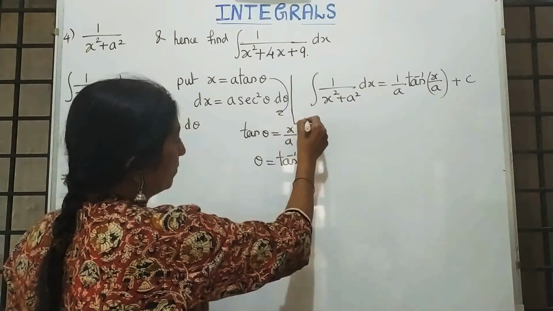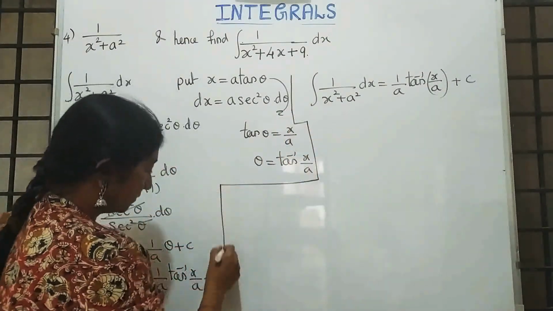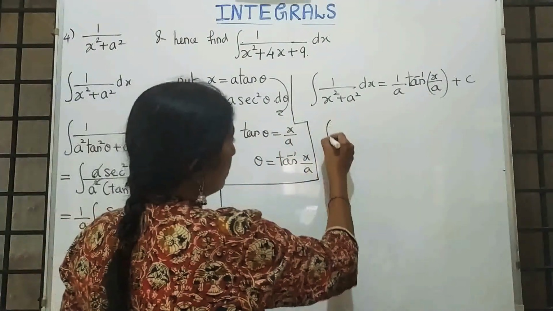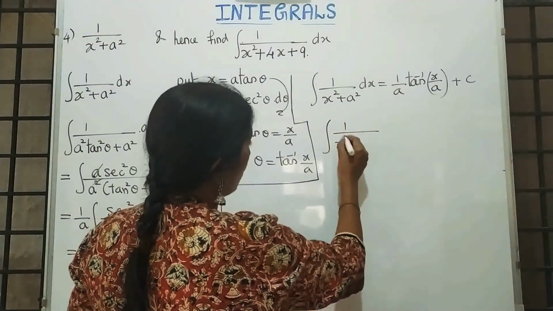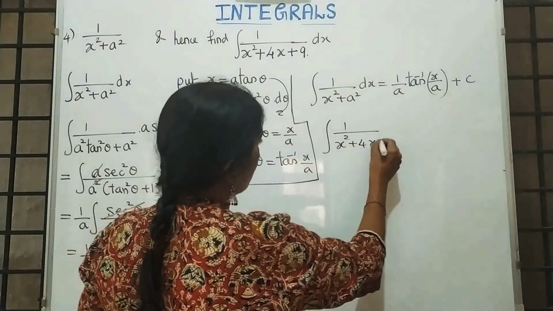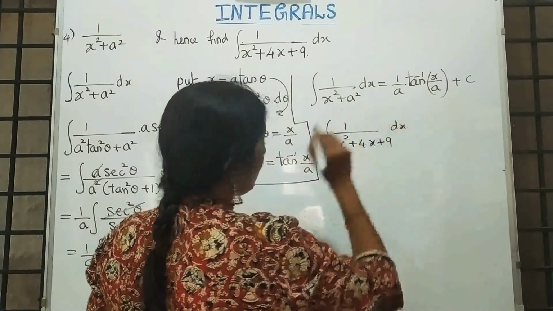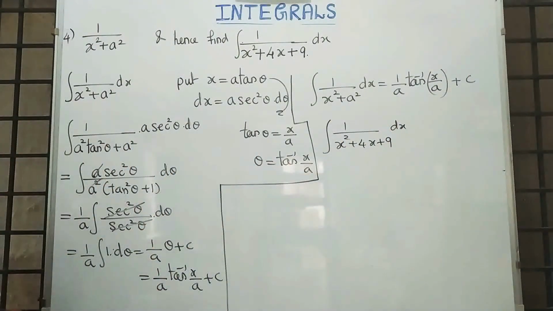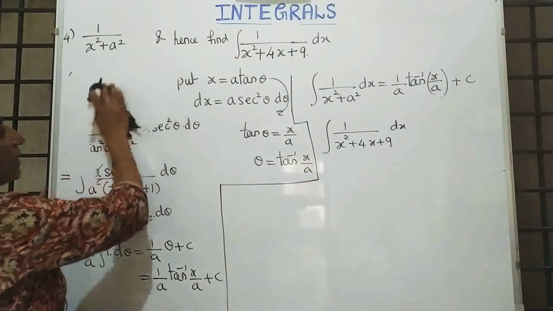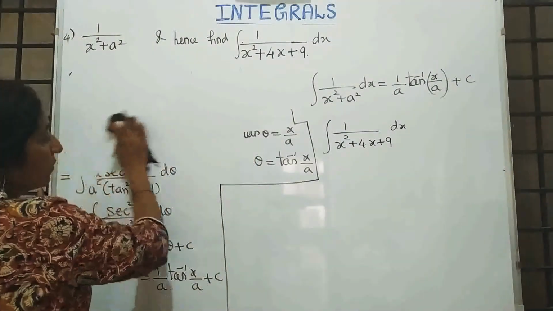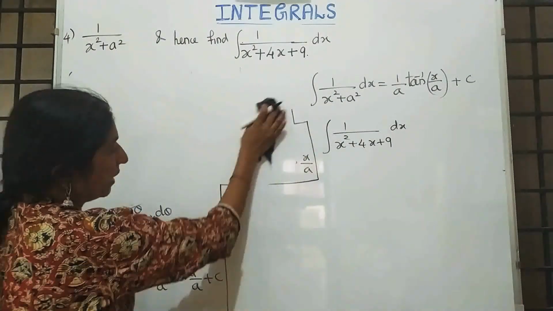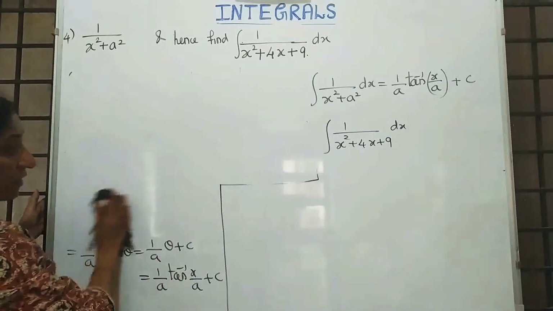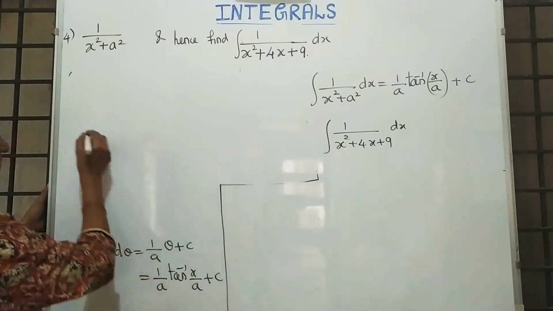What is that example? See, 1 upon x square plus 4x plus 9. Already you are familiar with making a perfect square. How to make a perfect square? When you are making a perfect square, on the right side there is no place, that's why I am writing here.